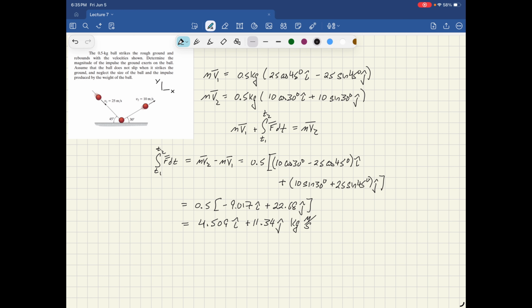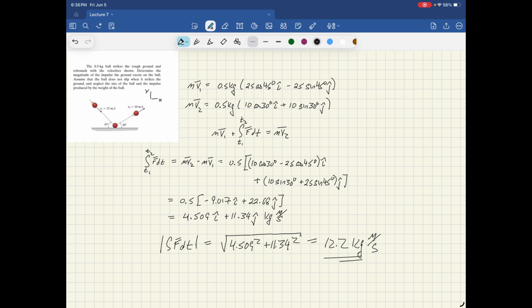So it would be the absolute value of the integral of f dt, and this will equal the square root of 4.509 squared plus 11.34 squared, which gives me a final answer of 12.2 kilogram meters per second. So that becomes my final answer.